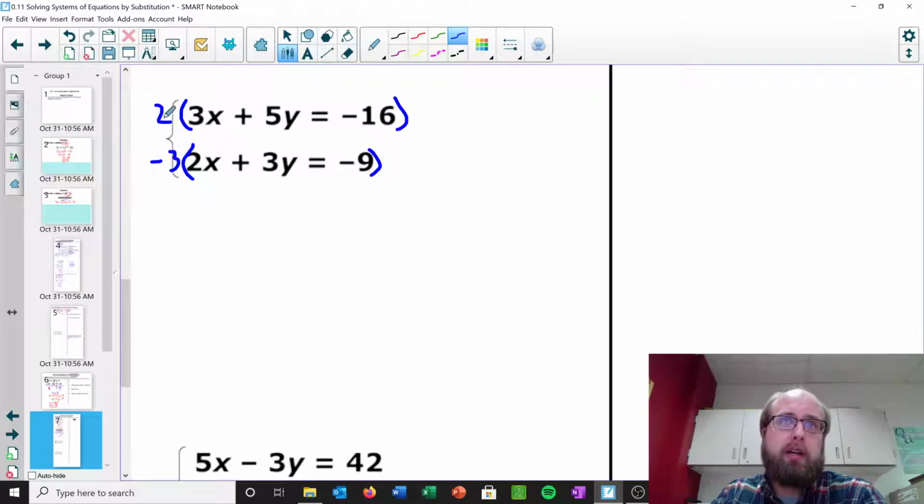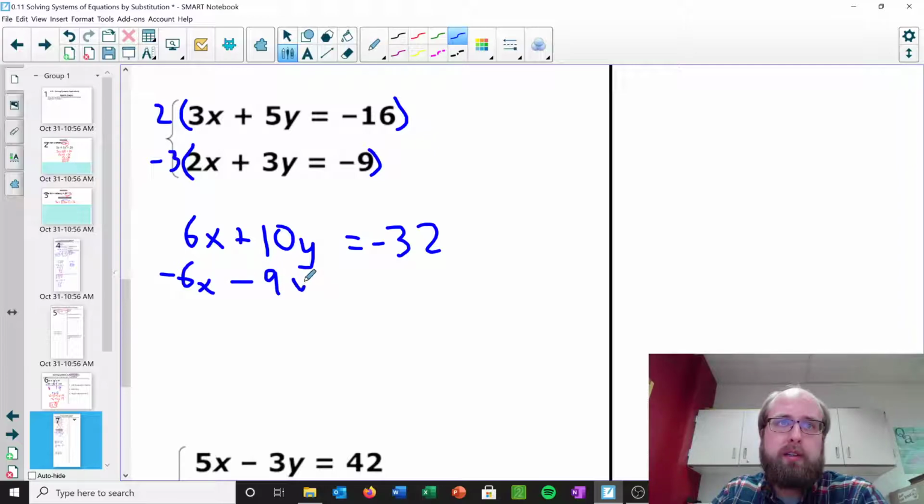Let's see here. On top, we'd have 6x plus 10y equals -32. On bottom, we'd have -6x, right? We'll distribute the -3 here, minus 9y equals 27.